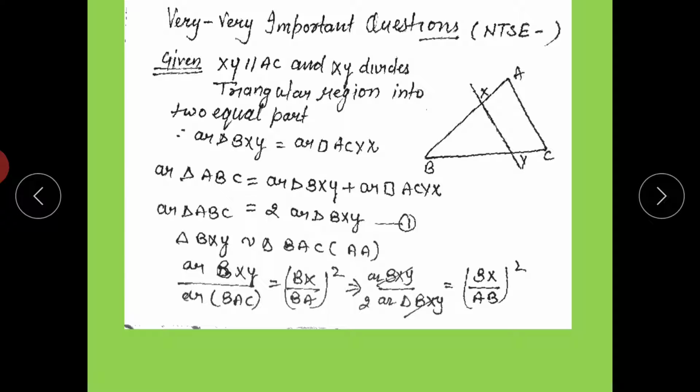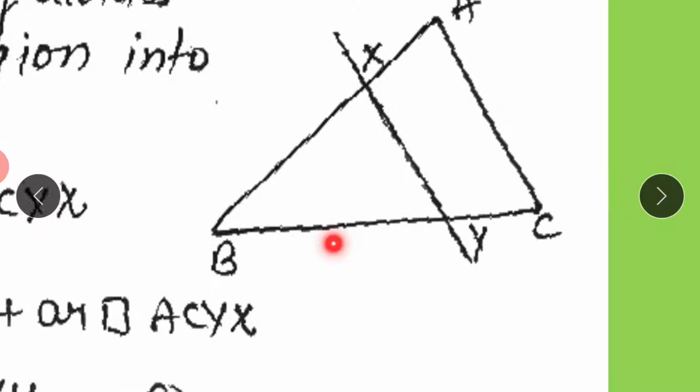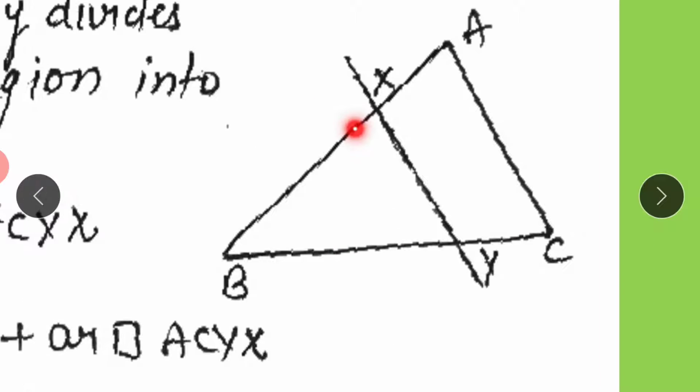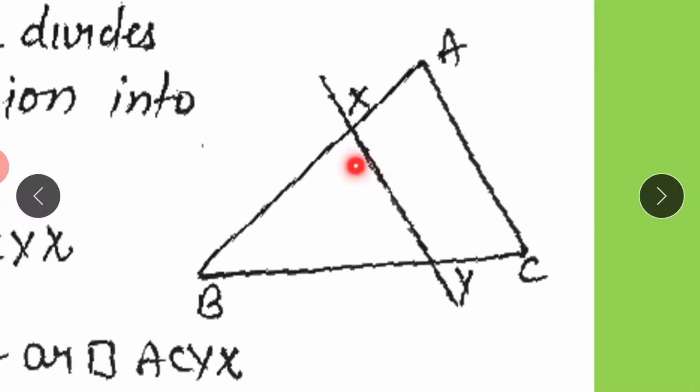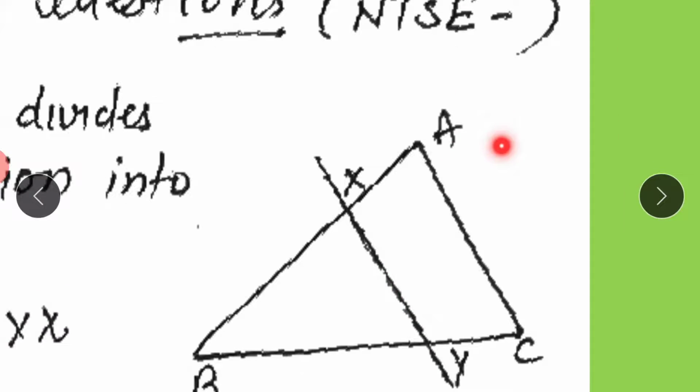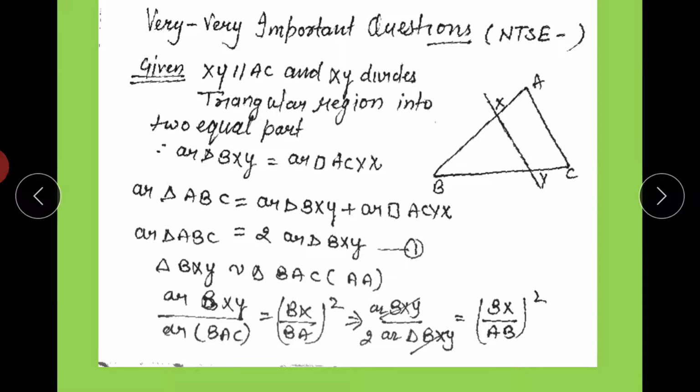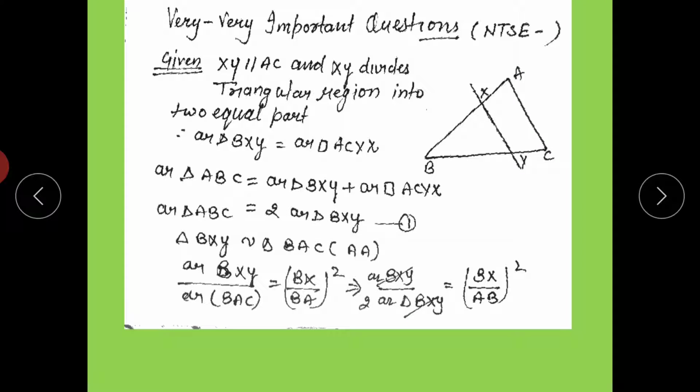It is given that XY is parallel to AC, and XY divides the triangular region into two equal parts. It means that the XY line divides the triangle BAC into two equal parts.